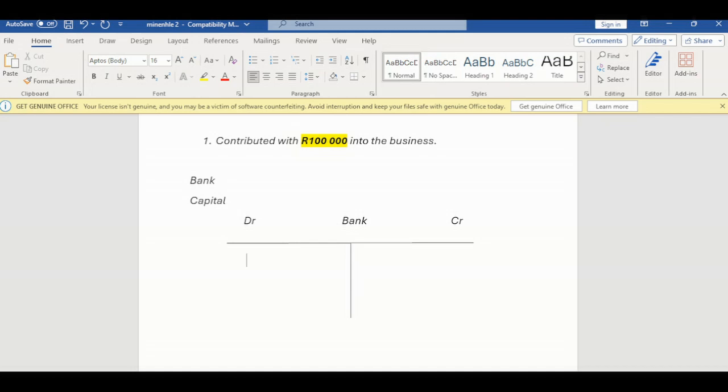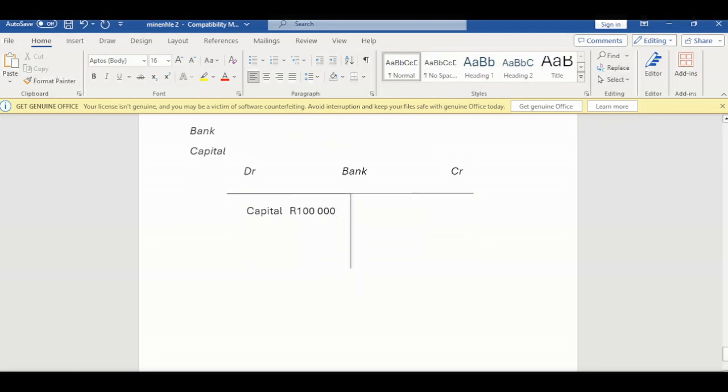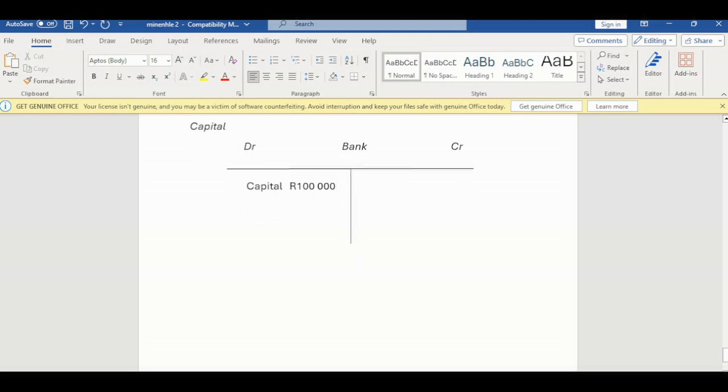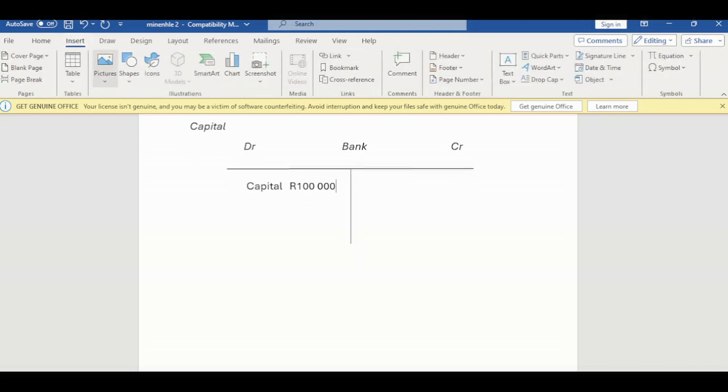This money is capital. It's capital. Then how much? 100,000. Two types of account must be affected. We are constructing the last one, right here.